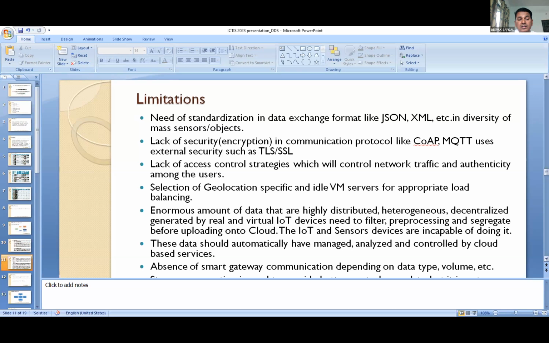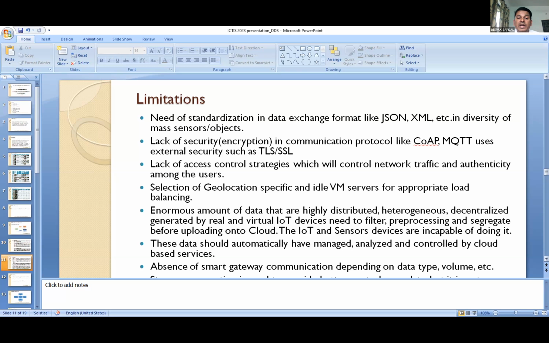The next is the enormous amount of data that is highly distributed, heterogeneous, decentralized, generated by real and virtual IoT devices, which needs to be filtered. As I told you earlier, so many IoT devices are raising these different data types. So those different data formats need to be pre-processed, separated or segregated as such before uploading onto the cloud.